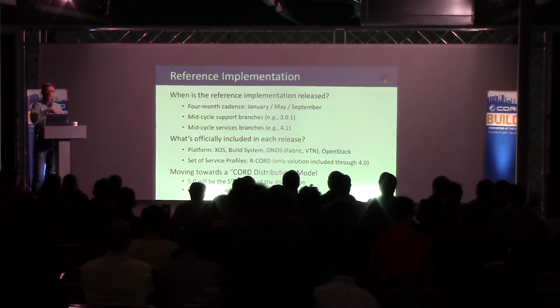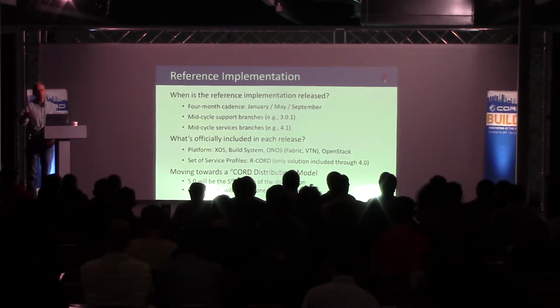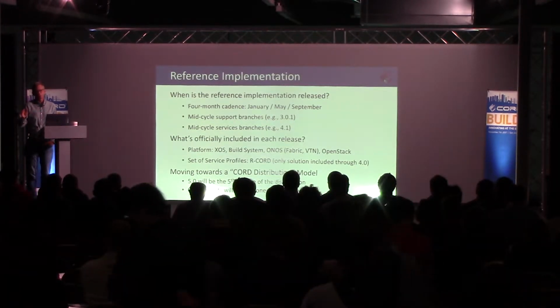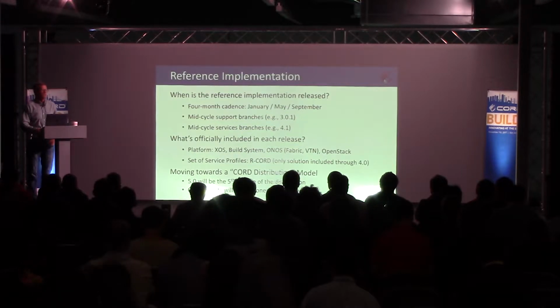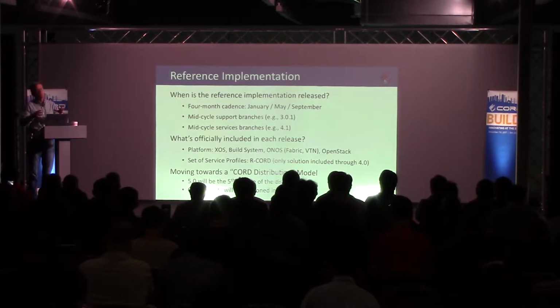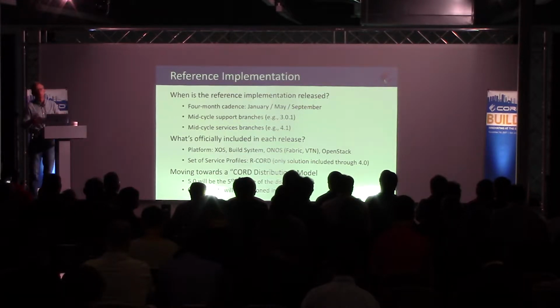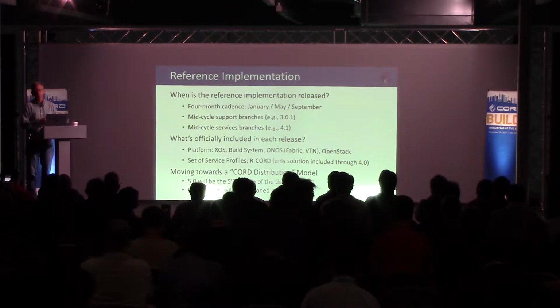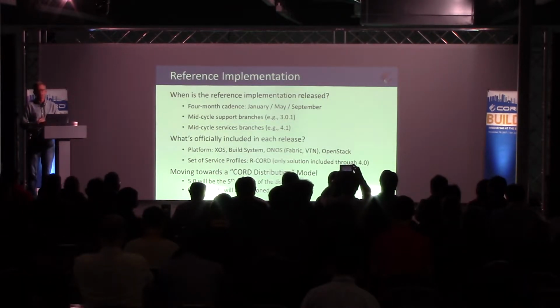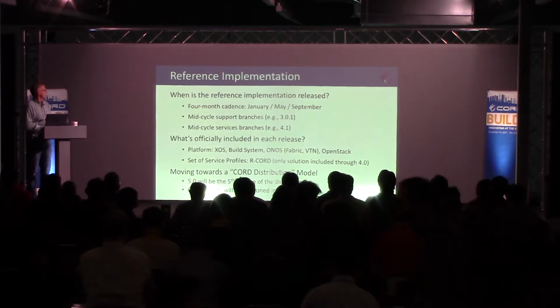But we also then have, and we have not done this before, but it will happen in a few weeks, a mid-cycle service patch, which means it will still be 4.0, and it will still run all the things it ran before, but now eChord will also run, or mChord will also run. So we will augment the release with another set of services and service profiles that run on that same platform.